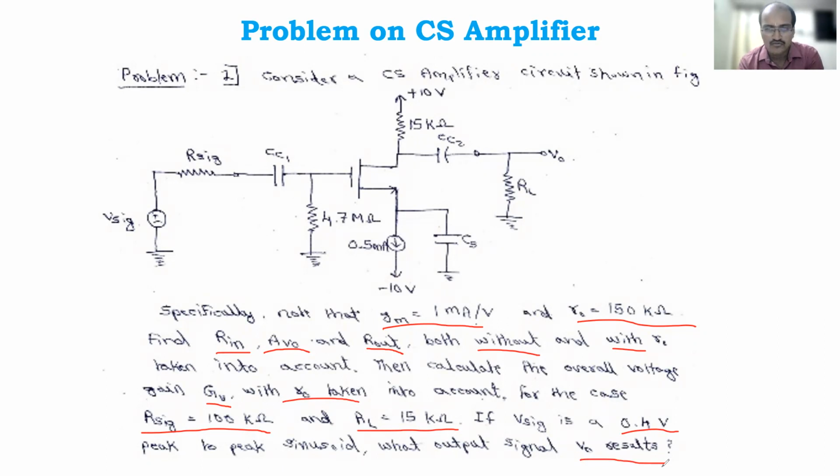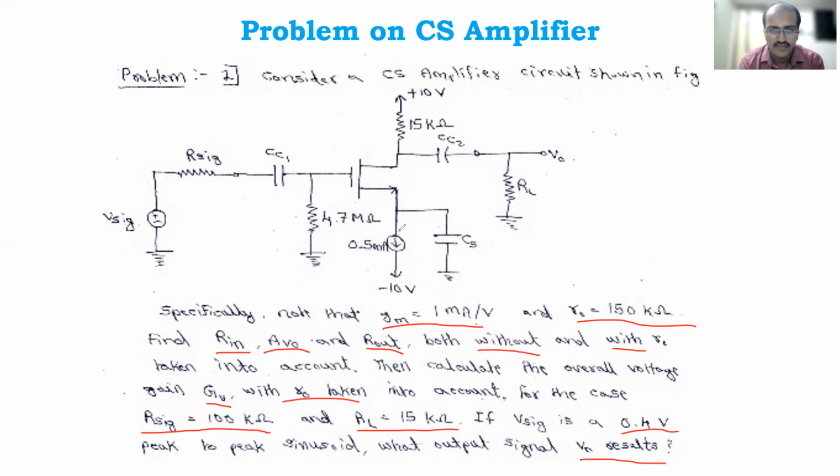How to proceed in this case? The very first thing is to replace the MOSFET with an equivalent small signal model, the hybrid pi model. Then gm and R naught come into the picture. You replace the common source amplifier with its small signal model, because CC1 and CS act as short circuits, and the source side current acts as an open circuit, so nothing will be there at the source side.